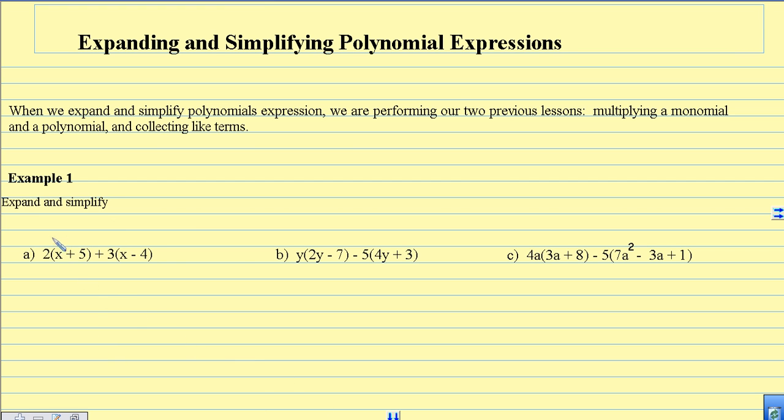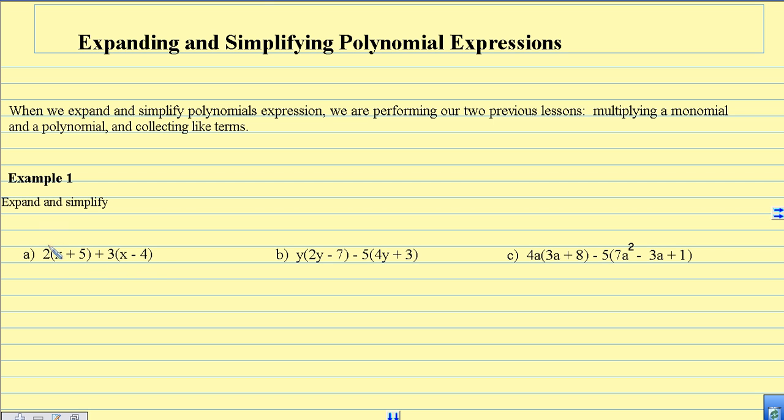Example 1. When we're expanding and simplifying 2 times (x plus 5) plus 3 times (x minus 4), what we're essentially doing is multiplying a monomial times a binomial, and then another monomial times another binomial.